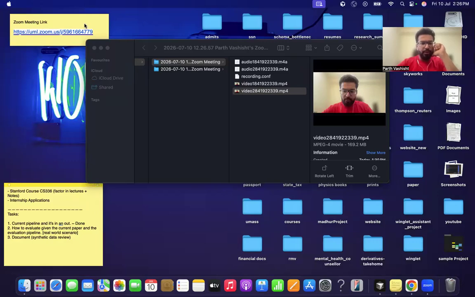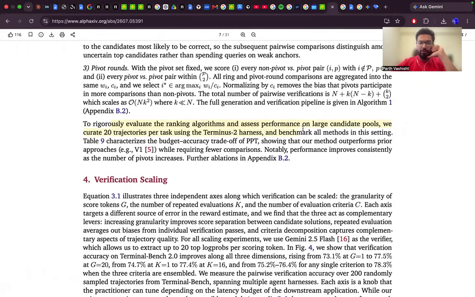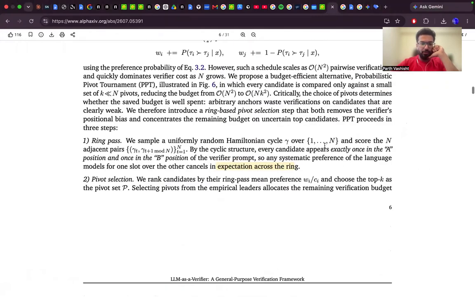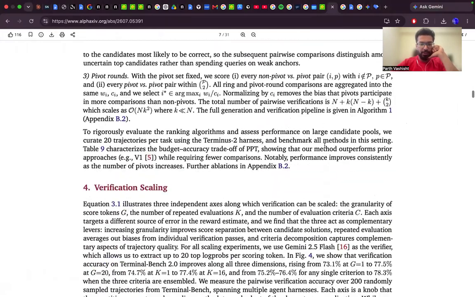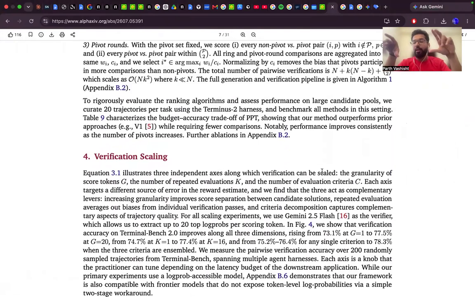Cool. Let's go here. Previously we discussed their contributions, the things they were doing in this paper, and they introduced this ranking algorithm.